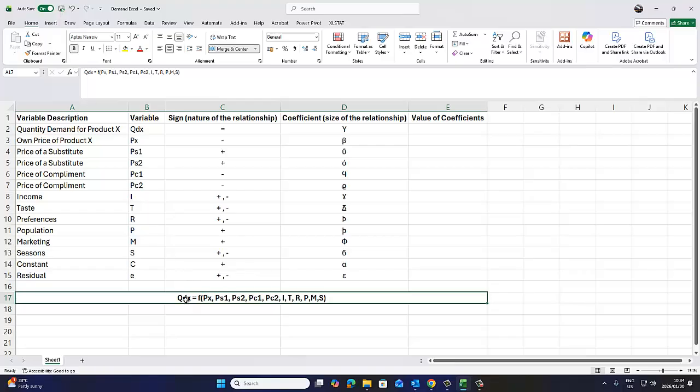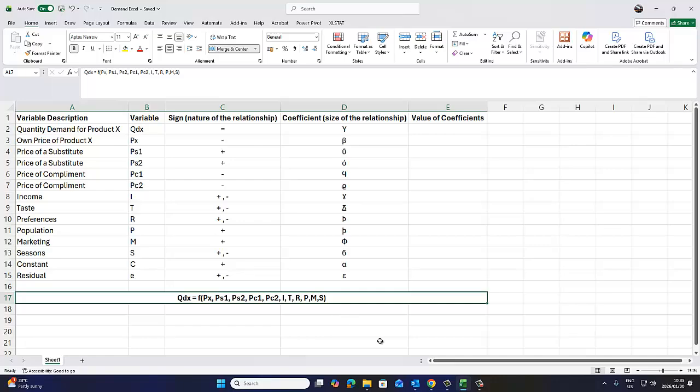My quantity demand function of X is a function of the price of X, the price of substitute 1, price of substitute 2, price of complement 1, price of complement 2, income, taste, preferences, population, marketing, and seasons.